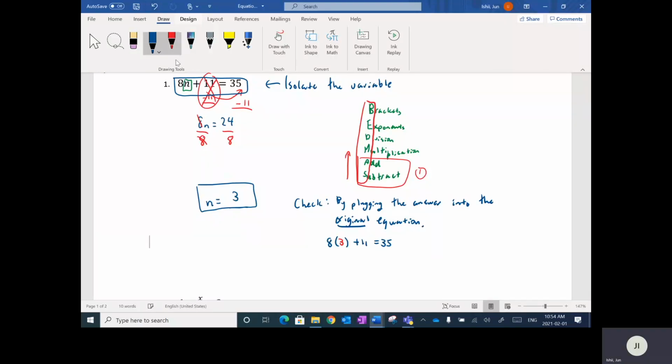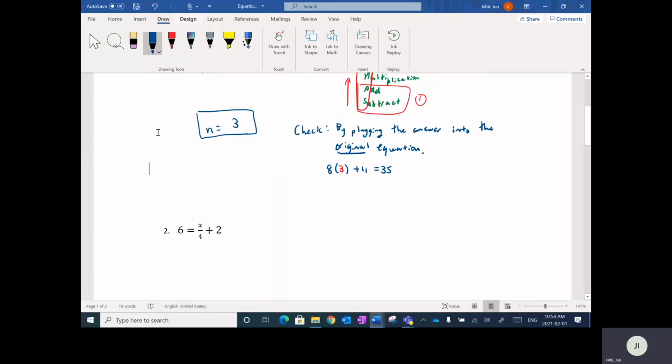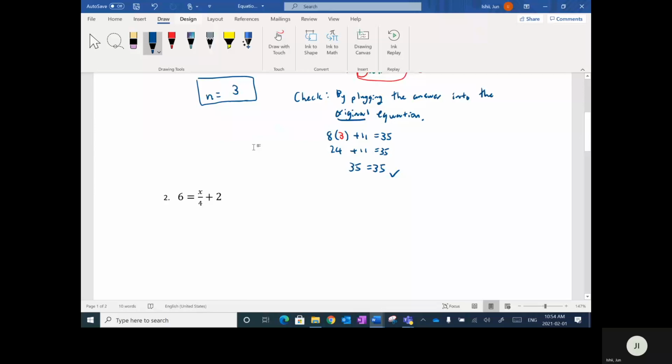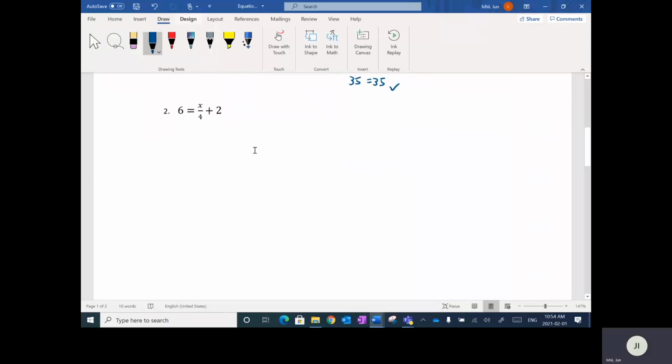What should happen is the left side matches the right. 8 times 3 is 24, and 24 plus 11 is 35. So we do get 35 equals 35, which means that yes, we have the correct answer: n is equal to 3. Cool. Next example.